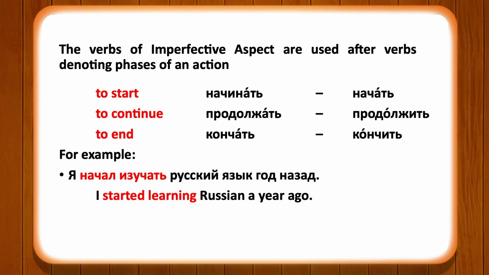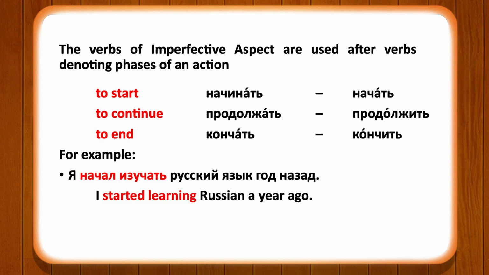The verbs of imperfective aspect are also used after certain verbs. The verbs that denote phases of an action like to start, to continue, or to end. So, you combine the imperfective verbs with the verbs which denote to start, to continue, and to end.